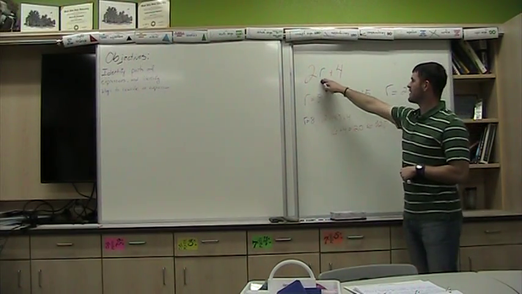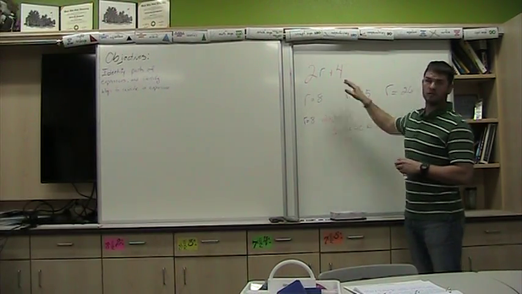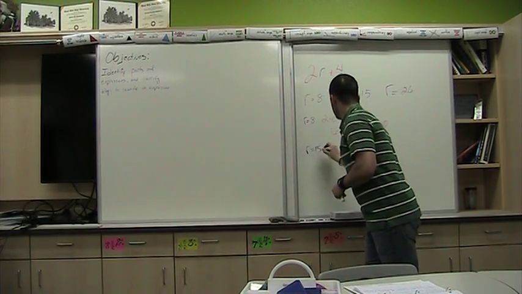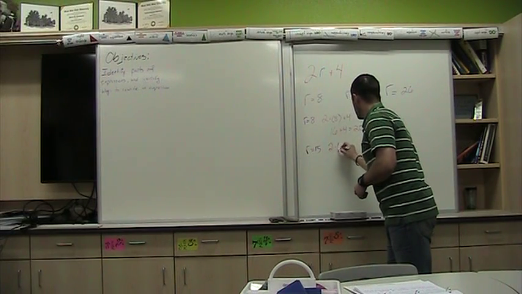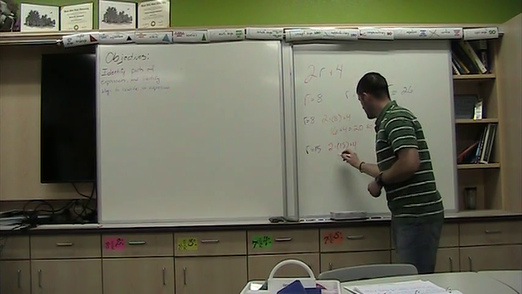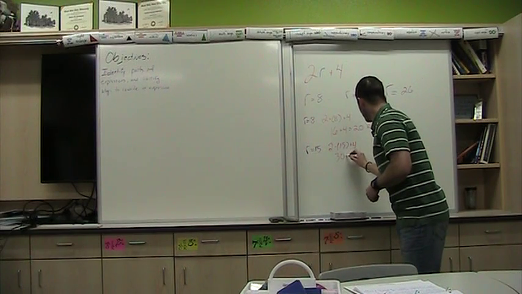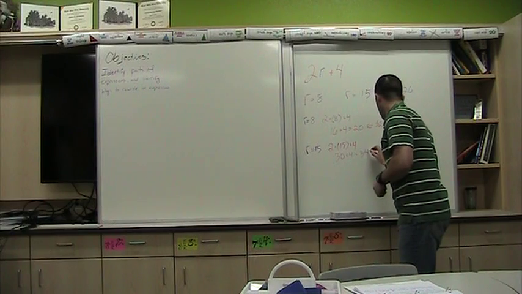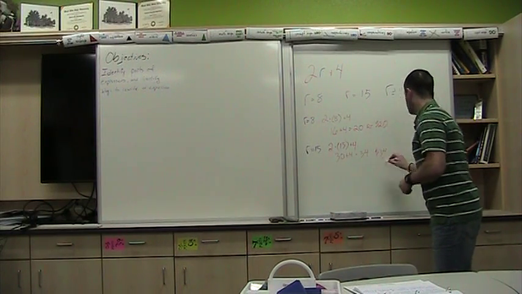Now, we'll do the same thing with 15. R is our variable in the expression. We have two terms in the expression. So when R equals 15, we have 2 times 15 plus 4, order of operations, 30 plus 4 equals 34, or $34.